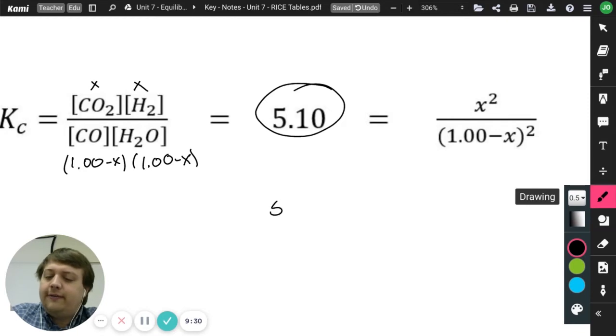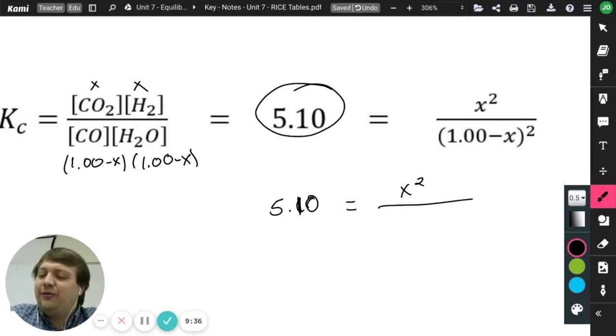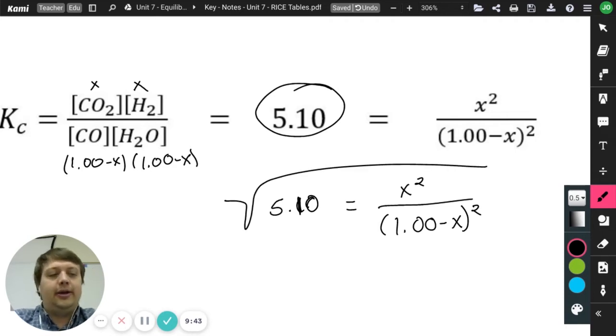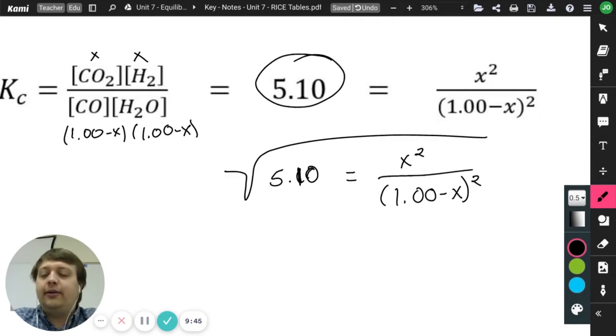So I've got 5.10 equals X squared over (1.00 minus X) squared. We're going to square root this entire thing. And what I find, the square root of 5.10 was 2.26. That equals X over 1.00 minus X.